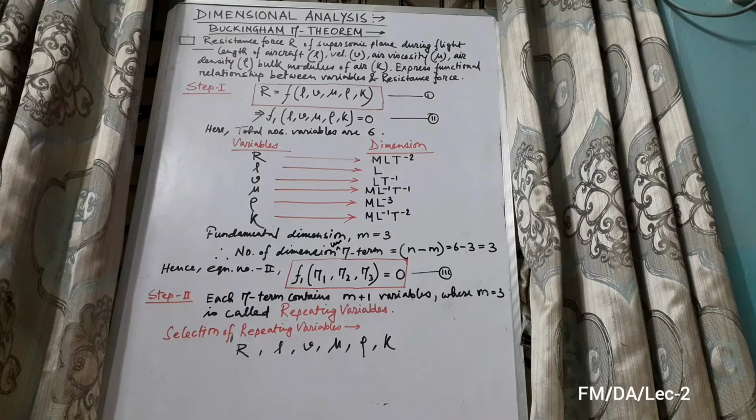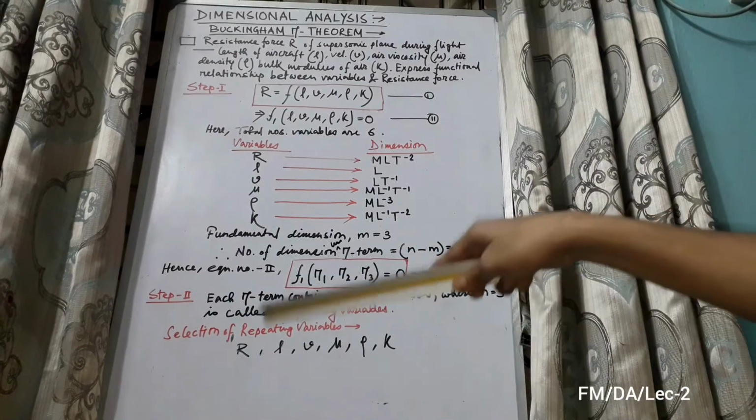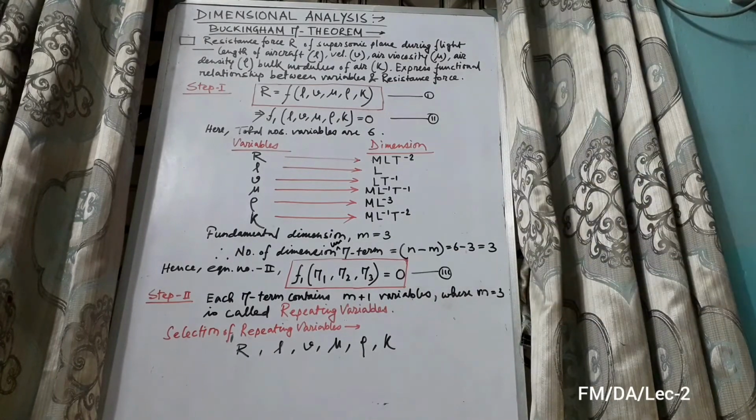There are 6 total variables. Now we have to select which variables are considered as repeating variables. Out of these 6 variables, that is R, L, V, mu, rho and K, 3 variables are to be selected as repeating variables. At first we are talking about R, the resistance force.